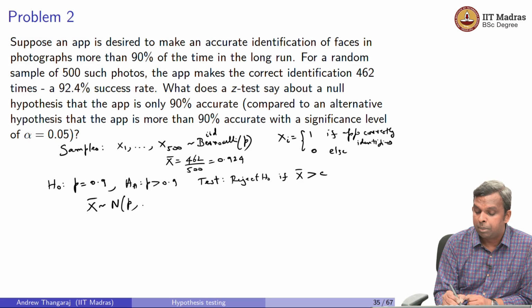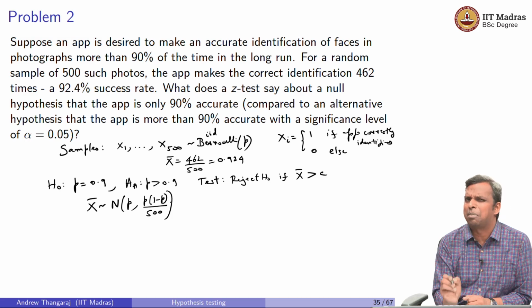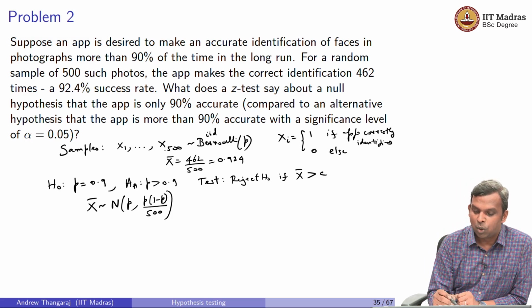Okay, and what will be the variance? Variance is going to be p times 1 minus p divided by 500, isn't it? Variance is just divided by n, right? So hopefully that's okay. So this is the sample mean. Okay, so each sample has mean p and variance p times 1 minus p, each Xi.